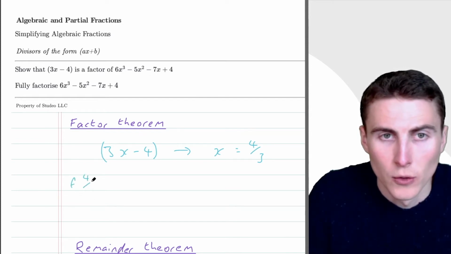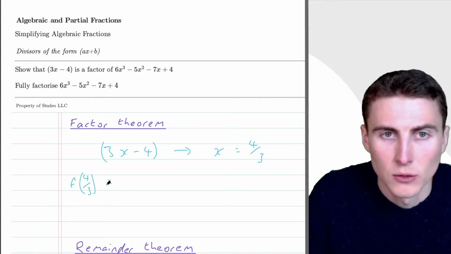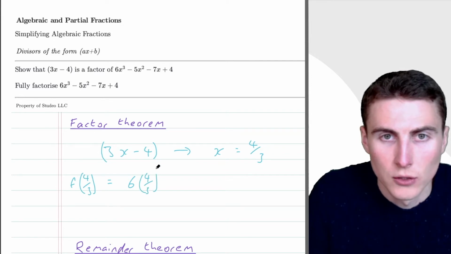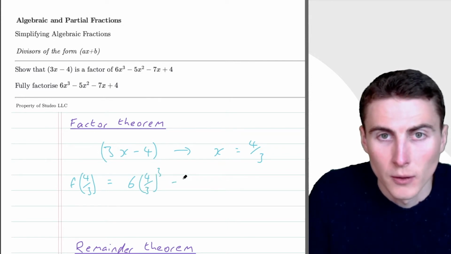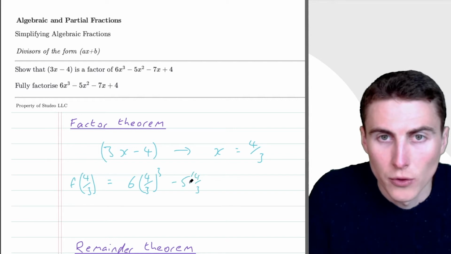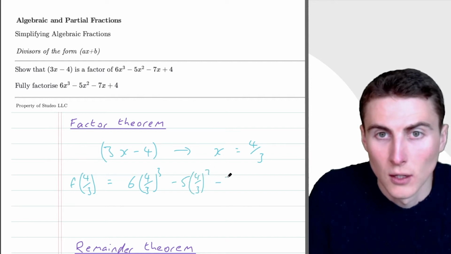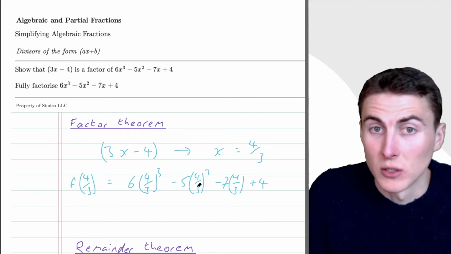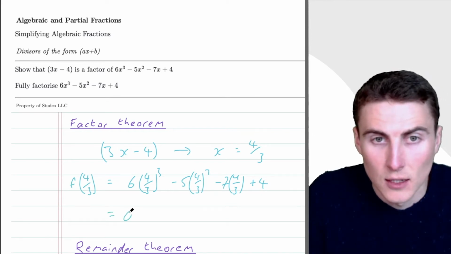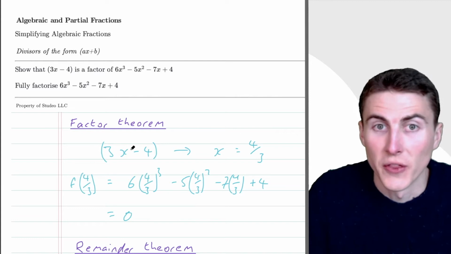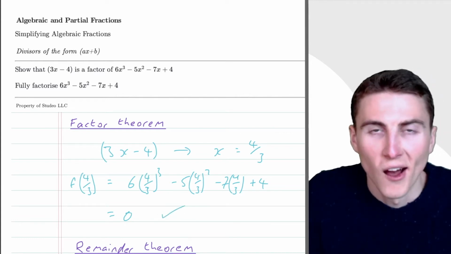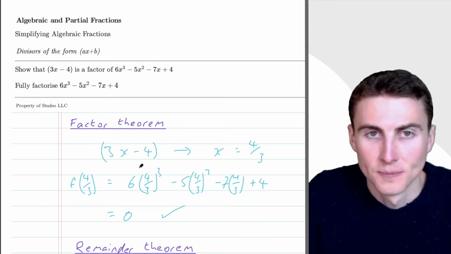We could express it like this if we wanted to: 6 times 4/3 cubed, minus 5 times 4/3 squared, minus 7 times 4/3, plus 4. We have to put all that into the calculator in one go, and that does indeed equal 0. So we know that this is a factor. That was meant to be a tick. So we've proved that there is a factor.